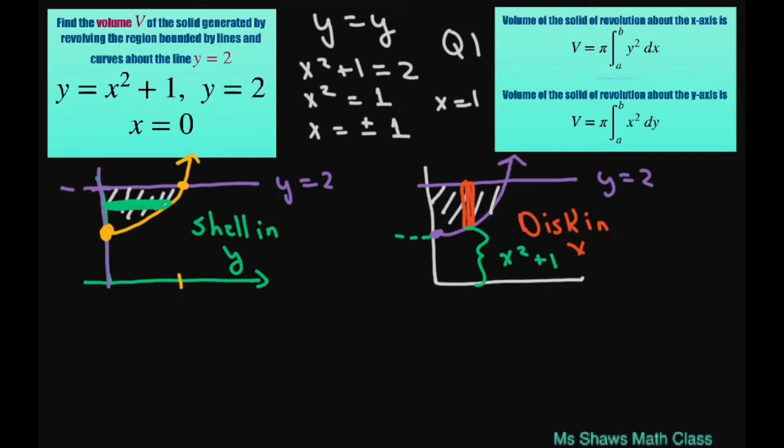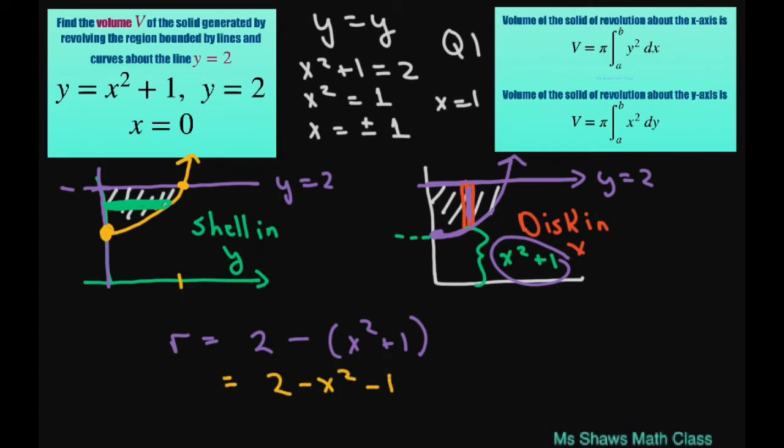All right, so the radius is going to be r equals, and we're looking for the radius, 2, do the upper part first, minus this lower boundary here. So we want to subtract your x squared plus 1. This is going to give you 2 minus x squared minus 1, or 1 minus x squared. All right, so that is that part.